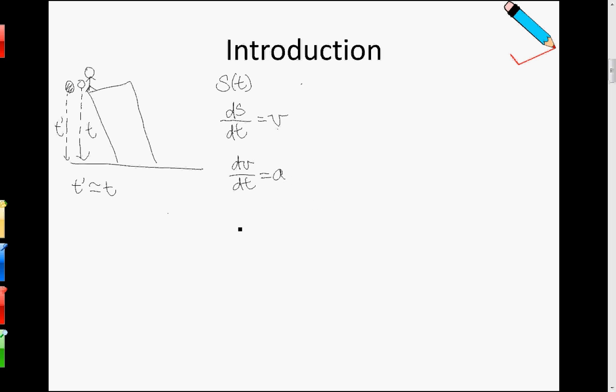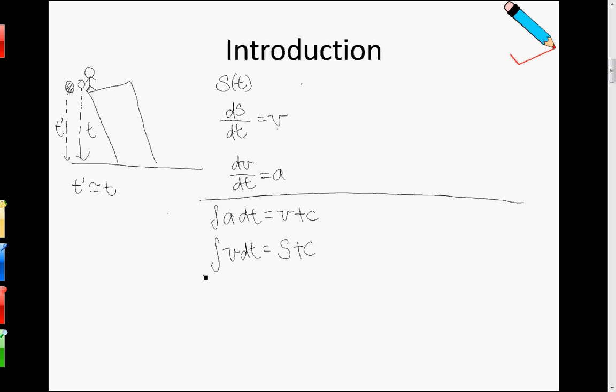Okay, so this is to say that in reverse, if we were to do integration, and if I were to integrate a with respect to time, what I would get is actually v, now of course plus a constant. And if I were to integrate v, I would definitely be getting s plus another constant.